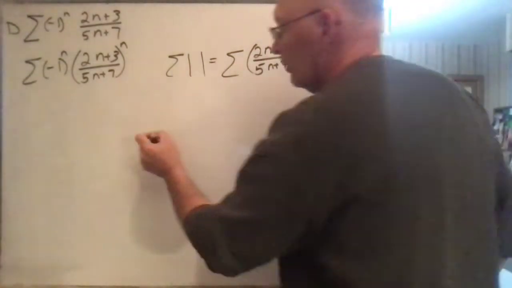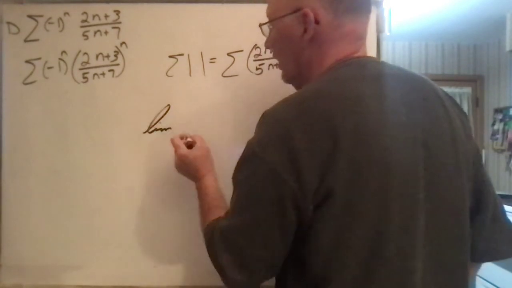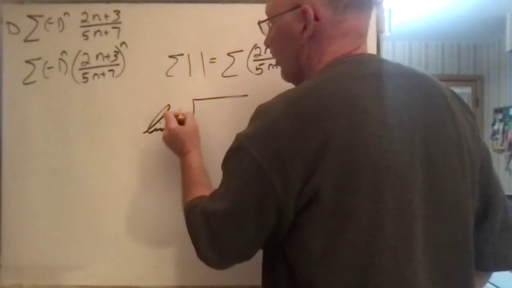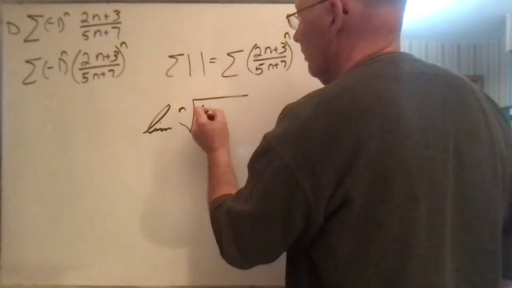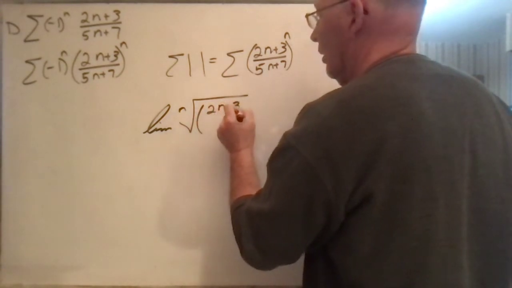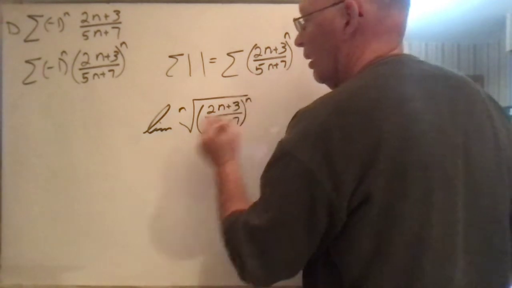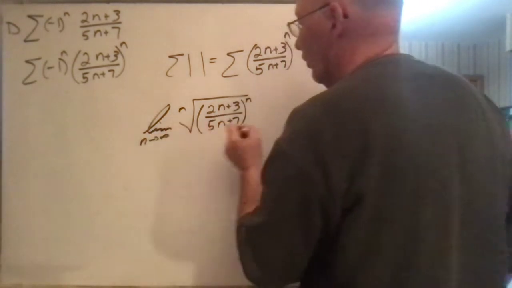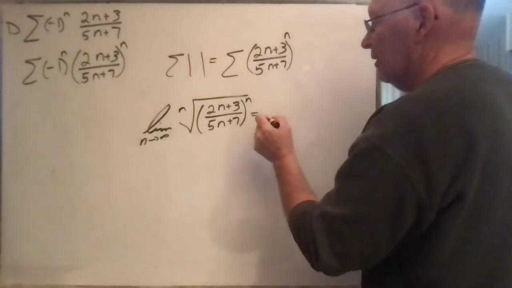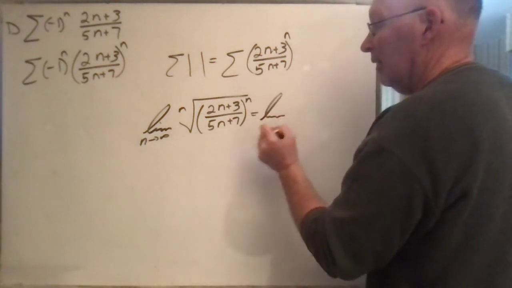How do I prove it formally? I use the nth root of the nth term. And when you do that, these two n's cancel each other out.